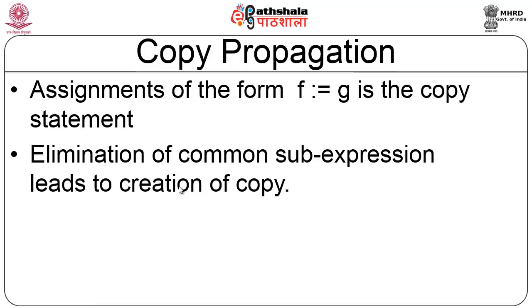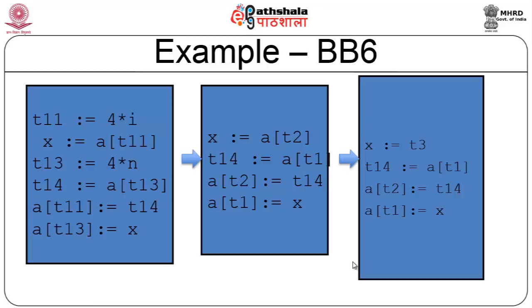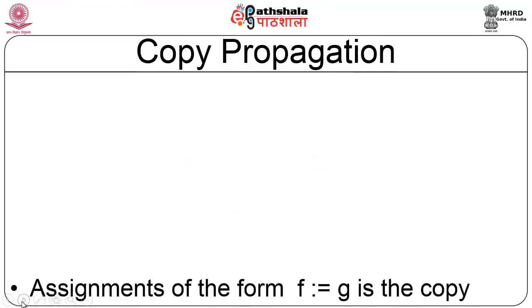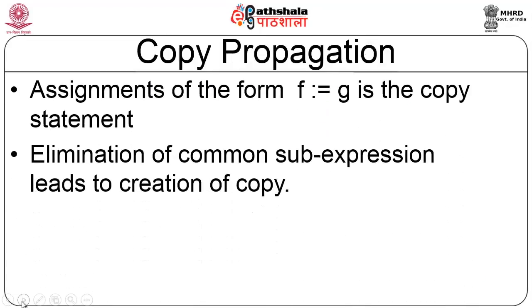In the sense that when we got rid of the statement here, x is equal to T3, and I have A of T1 is equal to x. Now, this is a copy. I am now creating a copy statement. So, when you eliminate common sub-expression, that would result in the creation of a copy statement.